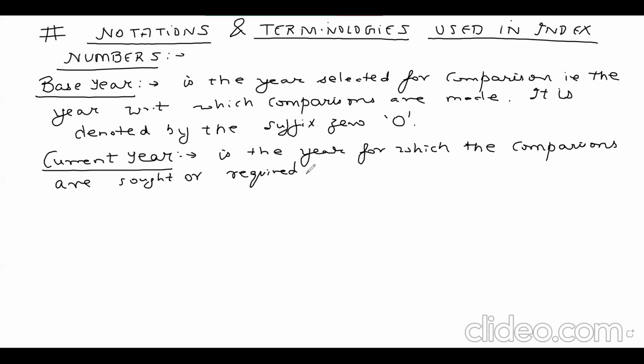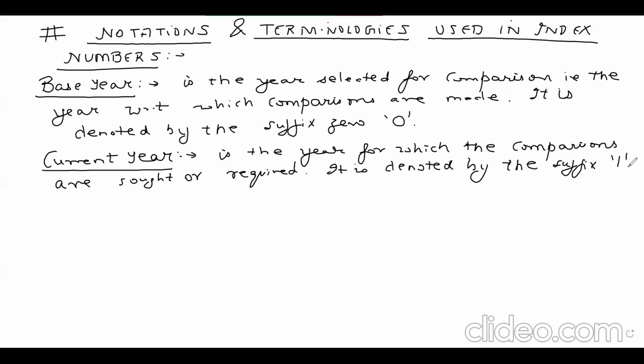And the comparisons will be made with the base year. The comparisons are always made with the base year, and the current year is that year for which we are making comparisons. It is denoted by the suffix 1. Okay, so hoping students have understood this.